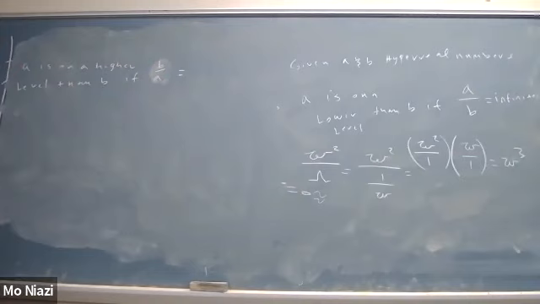Over here, A is on a higher level, but A is now in the denominator and B is in the numerator. A is at a higher level, and B is relative to it on a lower level. What does this become? Infinite? Why is it infinite?